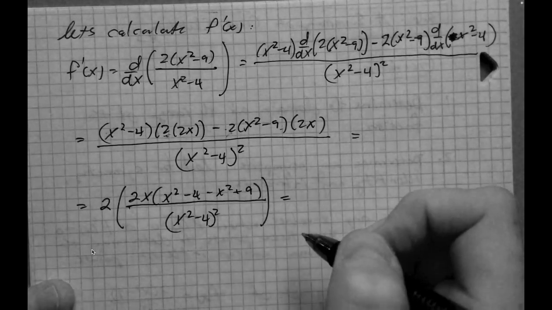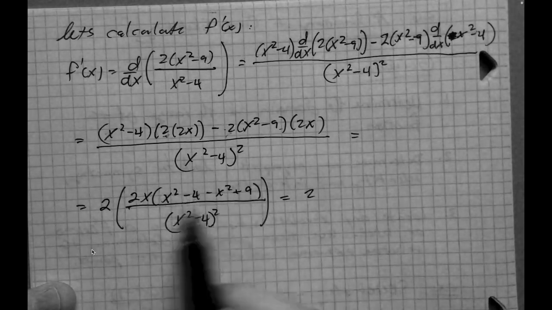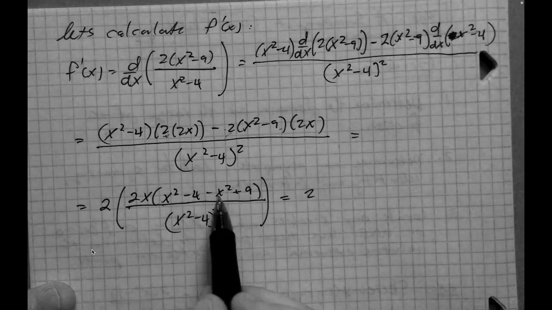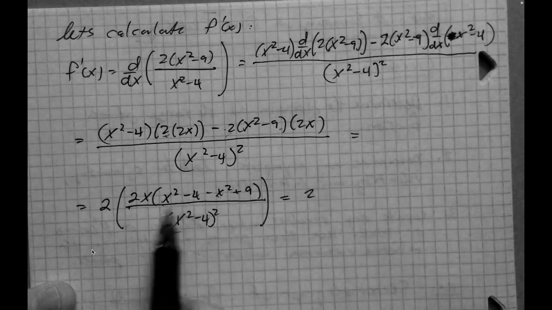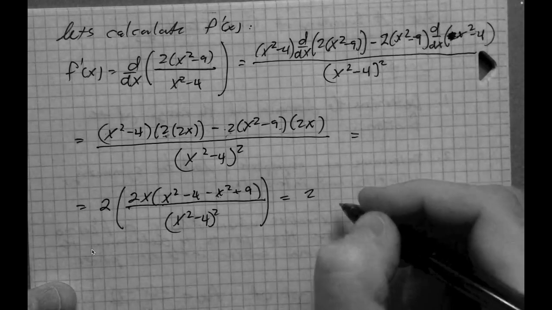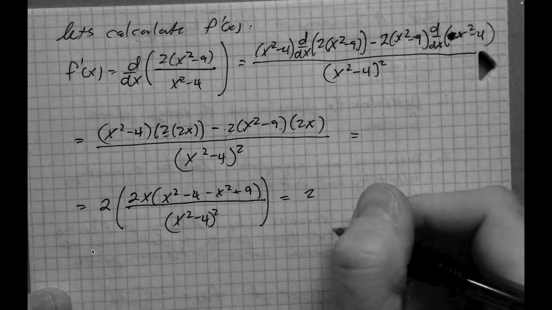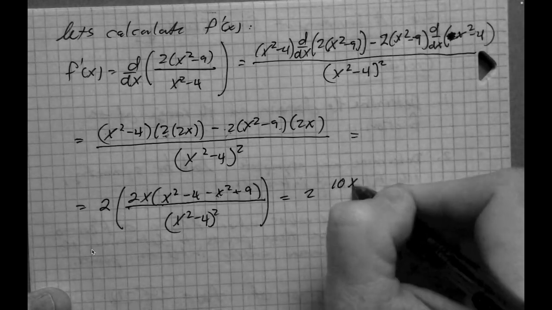And then, of course, you can combine a bunch of stuff here. So the x squareds disappear, right? They drop out. And I think altogether you're going to get, let's see, 10x.